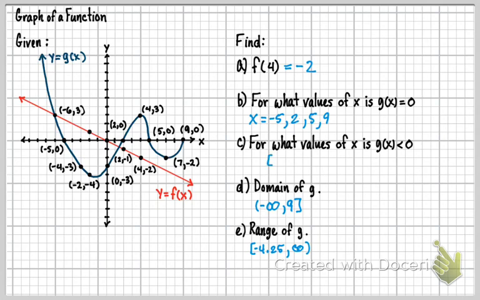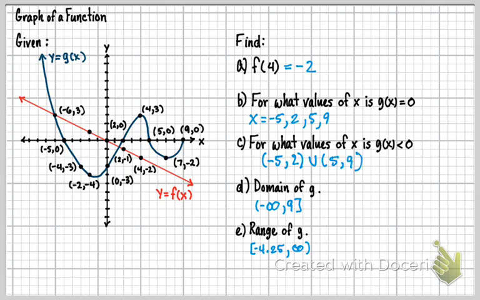So that's why I'm going to put here, and not a bracket, but a parenthesis, negative 5, and it's going to go to here. And that's going to be this first piece that drops below. And that's going to be to 2. And then I'm going to use a parenthesis again. And I'll show you why I'm using those in a second. So then for the next one, it's going to pick up at 5 and go to 9.